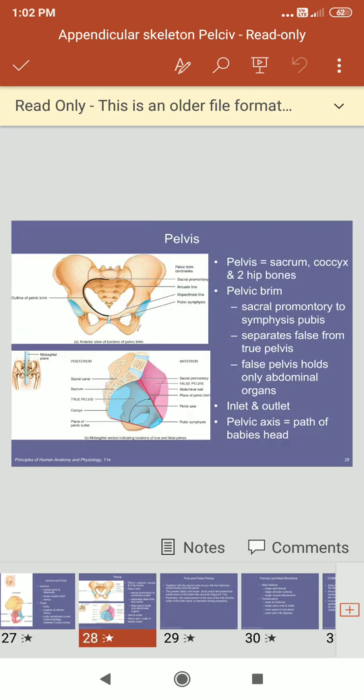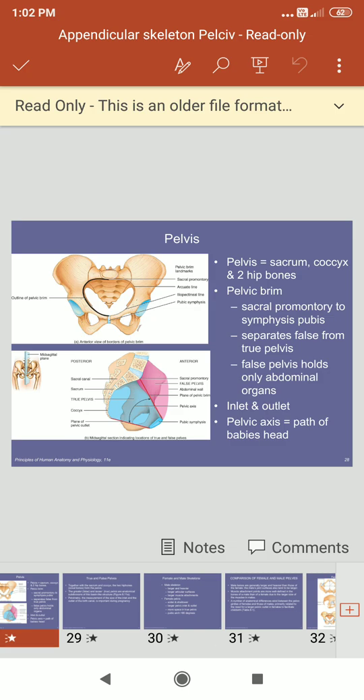The pelvis consists of the sacrum, coccyx and two hip bones. The sacral promontory to the symphysis pubis separates the false pelvis from the true pelvis, with the inlet and outlet of the bones.